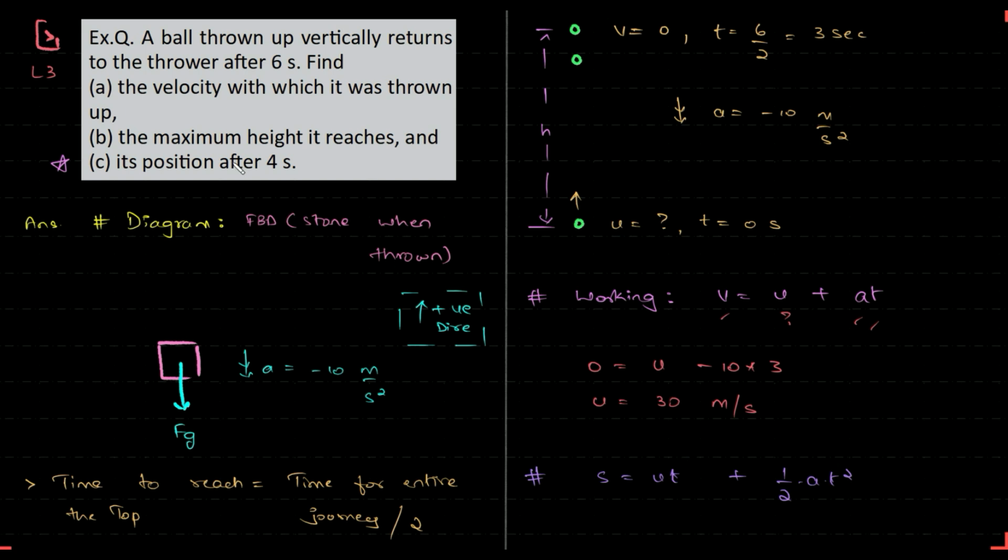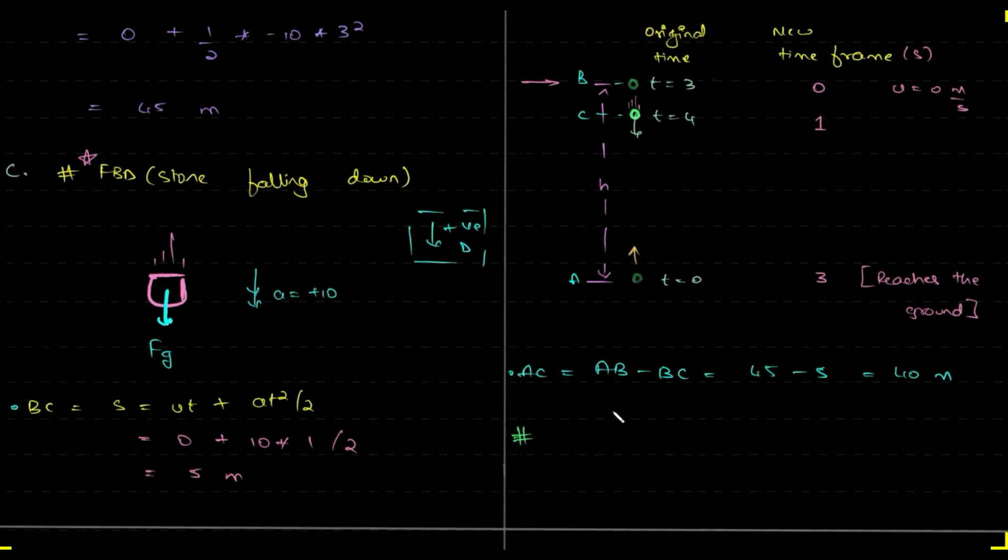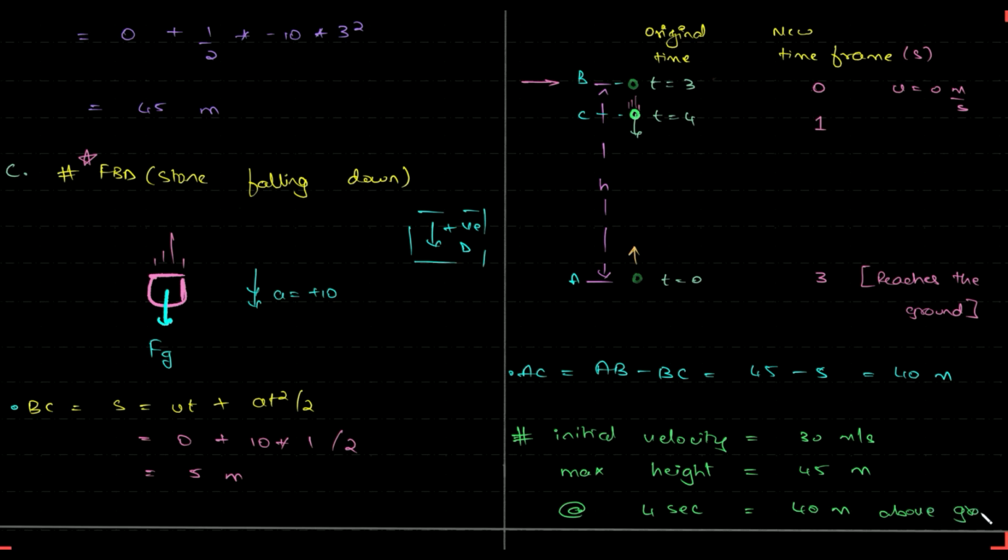The initial velocity is 30 meter per second, the maximum height is 45 meters, and at 4 seconds, it is 40 meters above ground. We need to talk with reference to something. So above the ground, it is 40 meters, the reference being the ground.